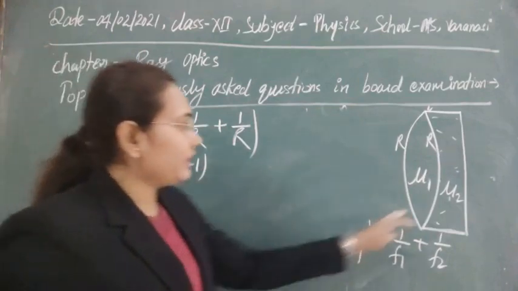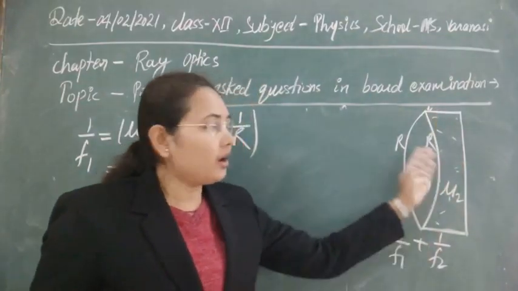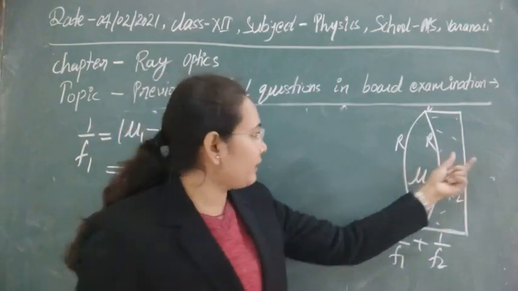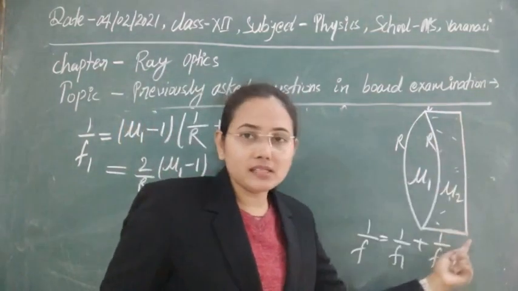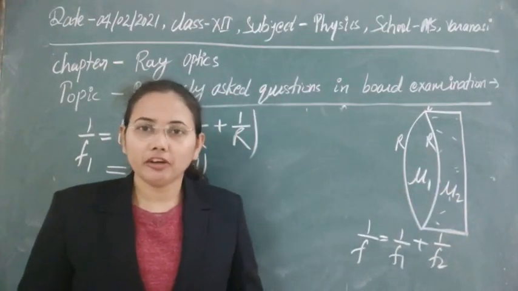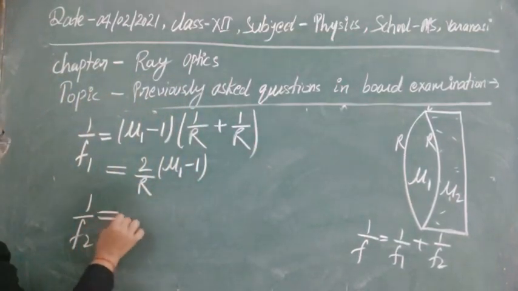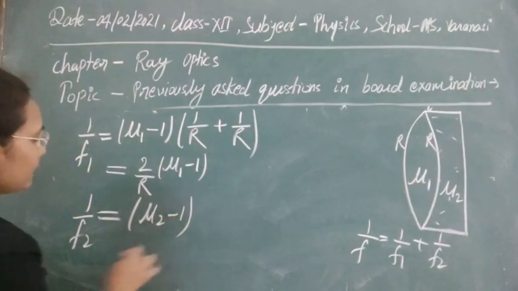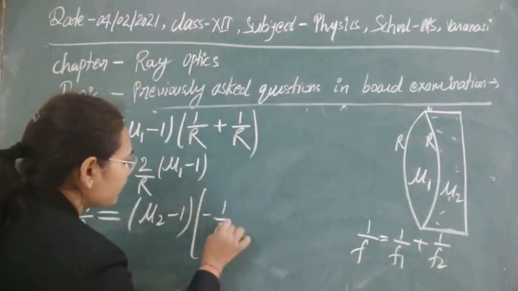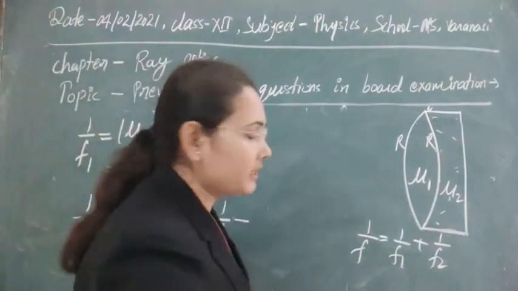Next, for the second case, the first refracting surface has a radius of curvature in this direction, so definitely it will be minus r, and the other is a plane surface, so its radius of curvature is infinite. Putting in the values, 1 by f2 is equal to (mu2 minus 1), as the refractive index is mu2 here, times (1 by minus r minus 1 by infinity), and 1 by infinity is obviously 0.